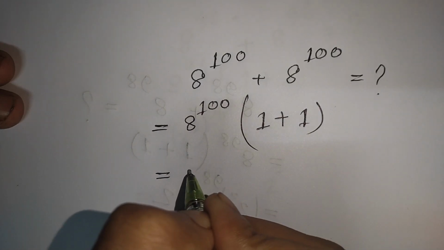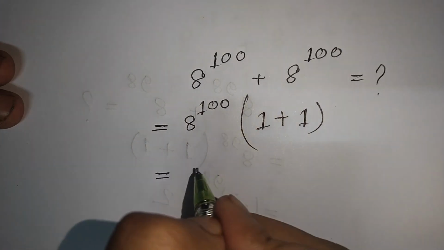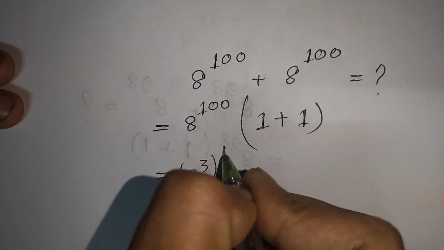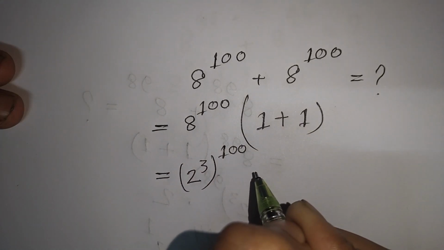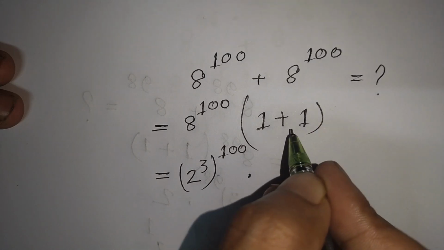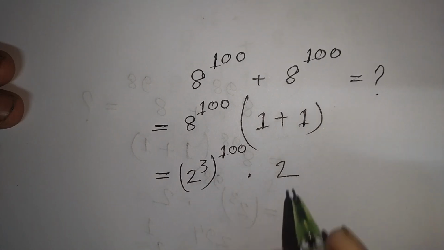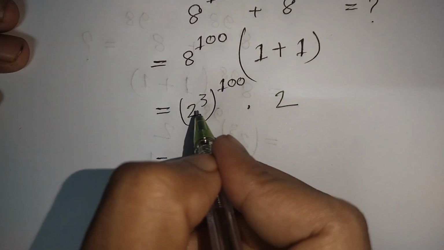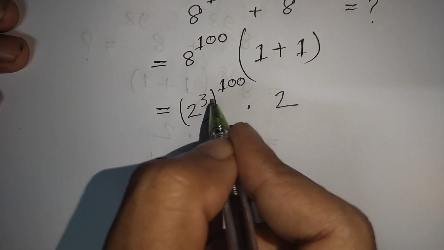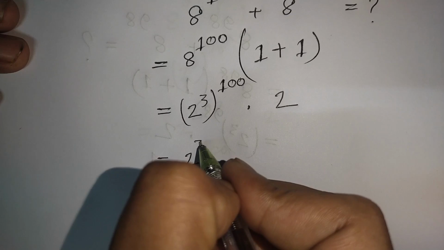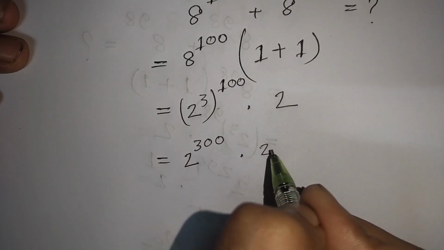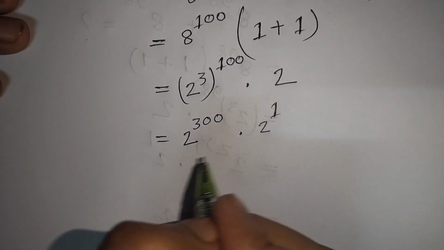Is equal to 2^300 times (1 plus 1), that means 2, which is the same as 2 to the power 1.